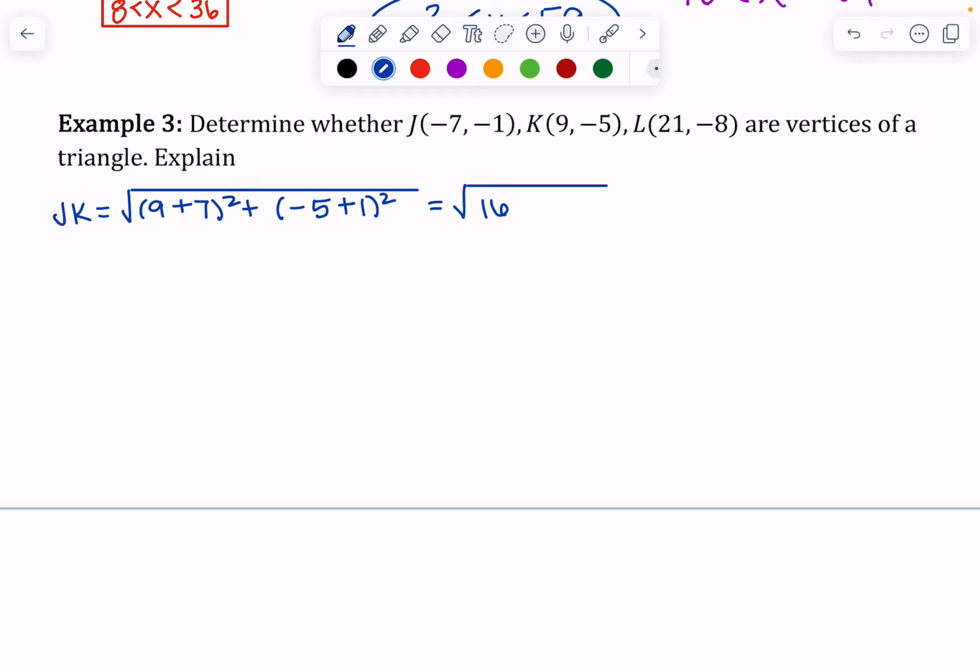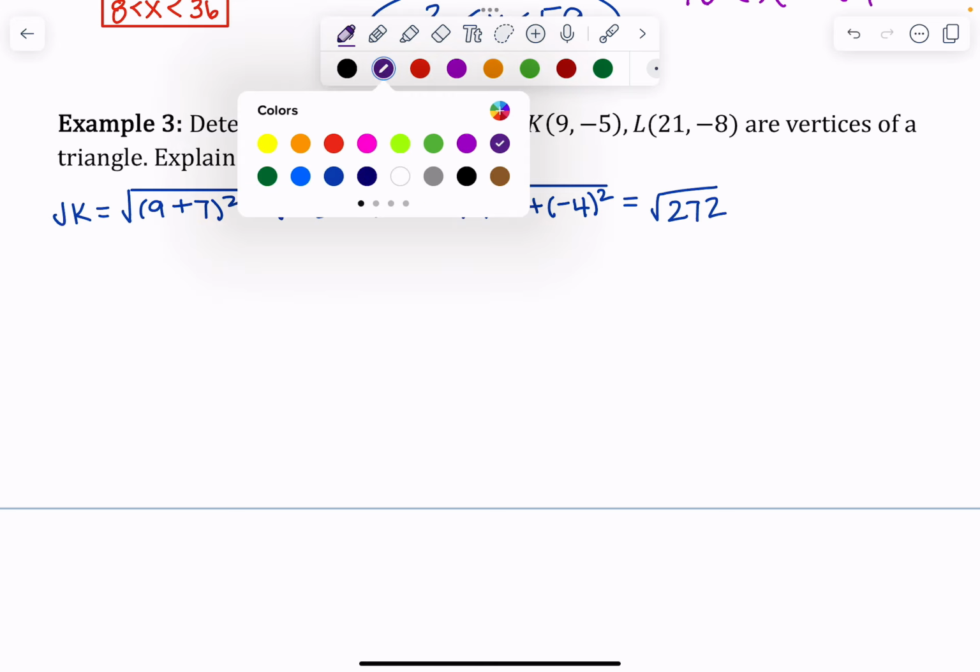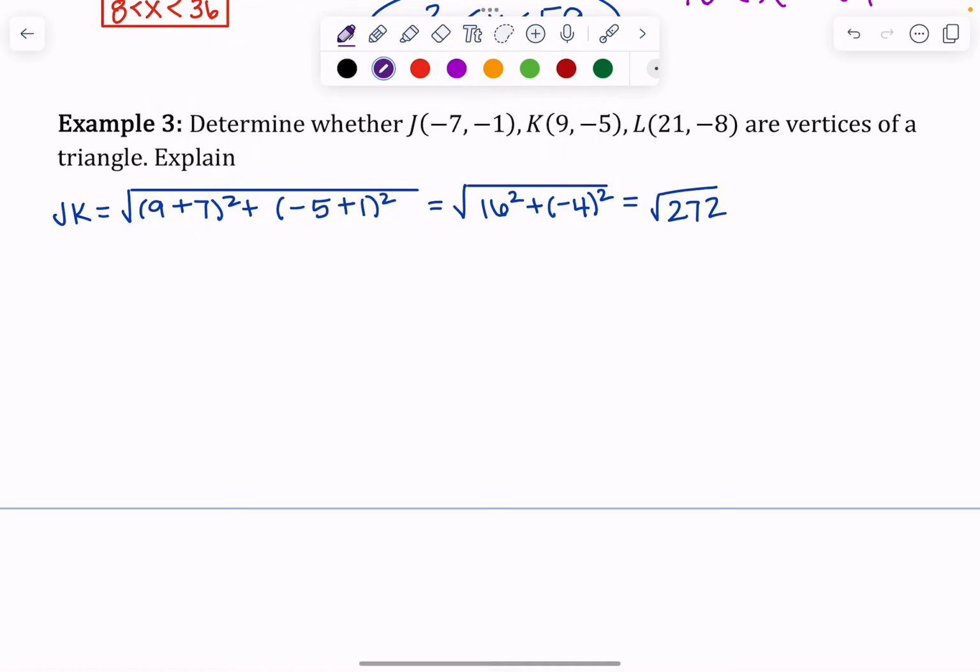So I get 16 squared plus negative 4 squared. So I get the square root of 272, sorry. Let's try KL.